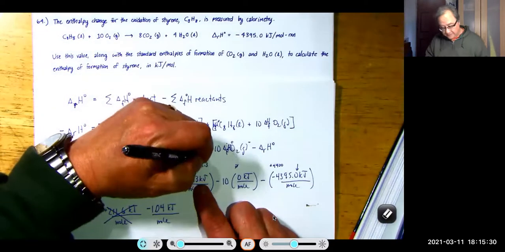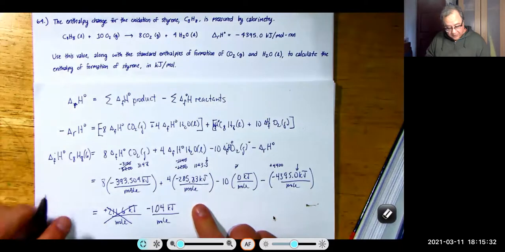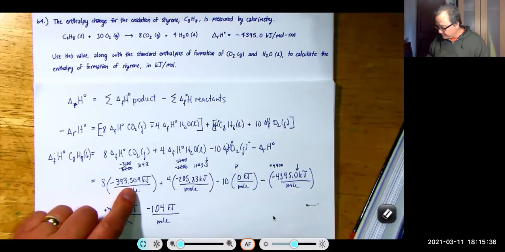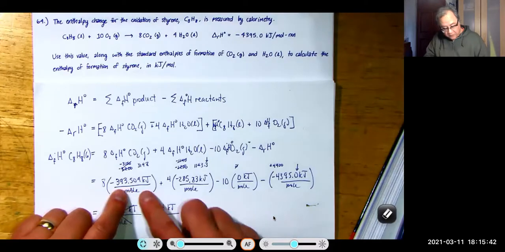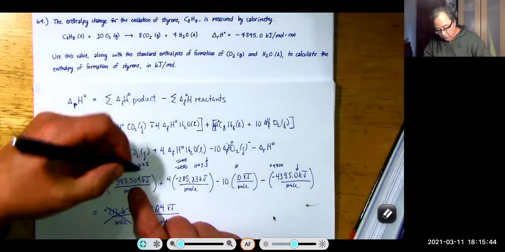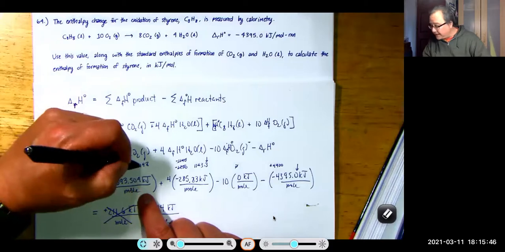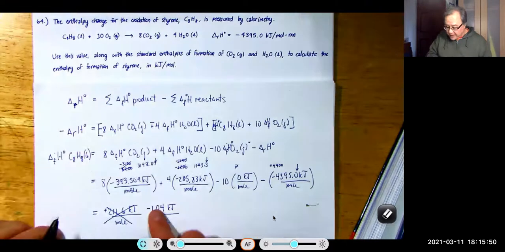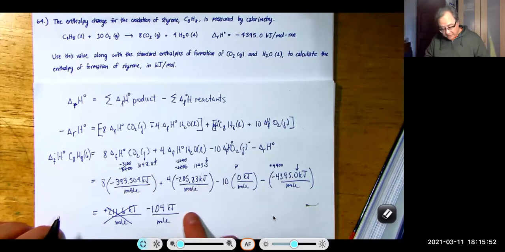It's good to there. And when we do 8 times 393.509, this is going to be good for 6 significant figures. So 4314807, that's good to there. So when we add these all up together, we're actually going to be good to the 10th.